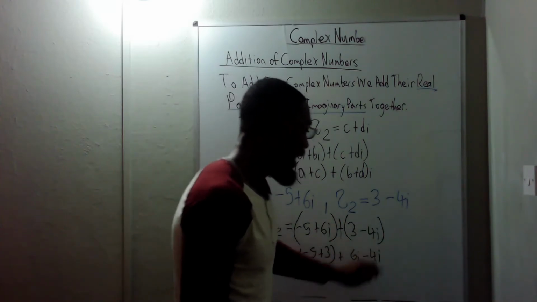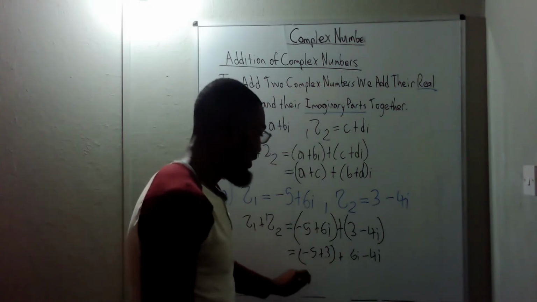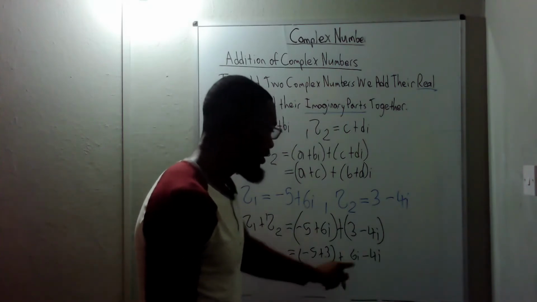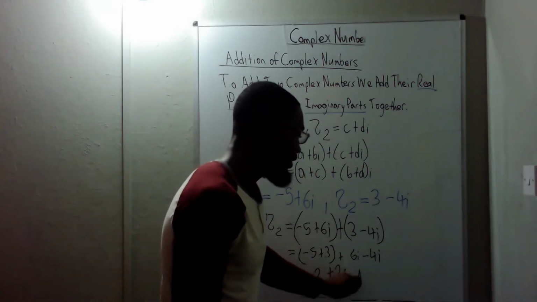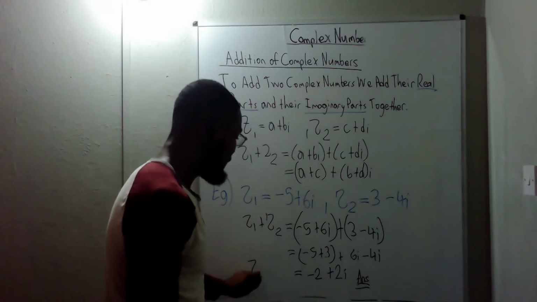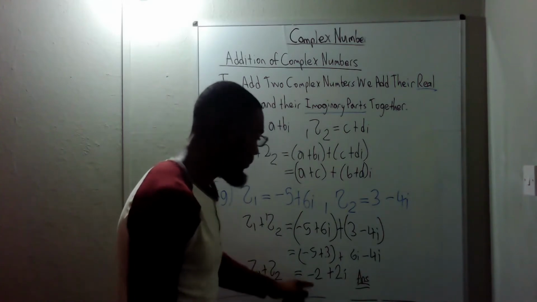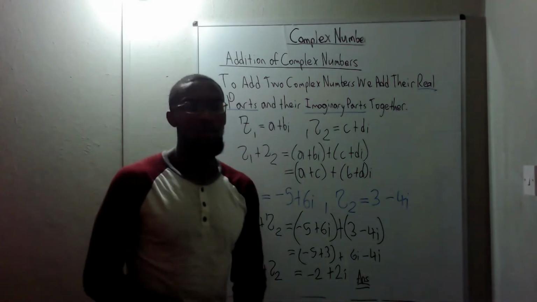Negative 5 plus 3 is negative 2, and 6i minus 4i is just 2i. So in this case, z1 plus z2 is minus 2 plus 2i. And that's how we add two complex numbers.